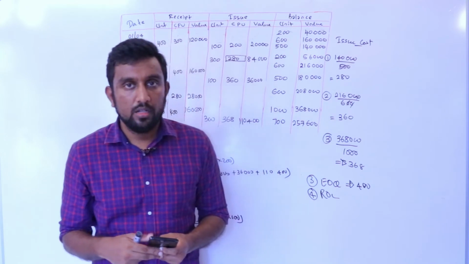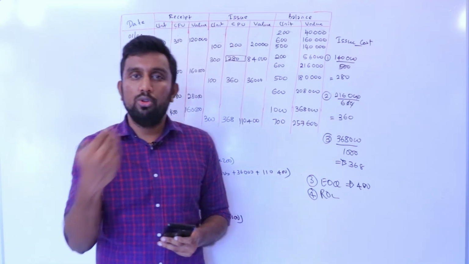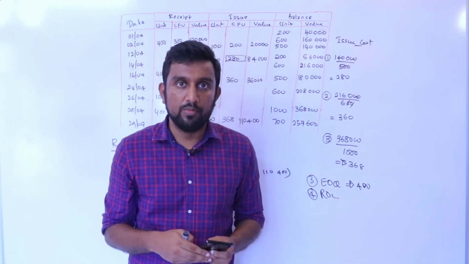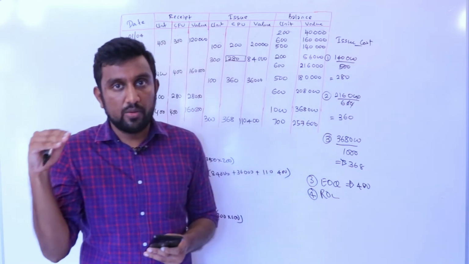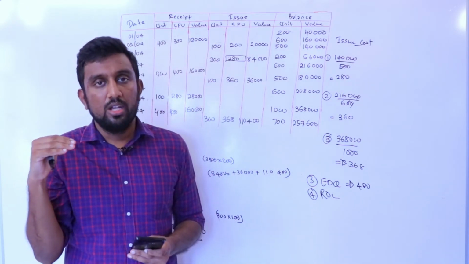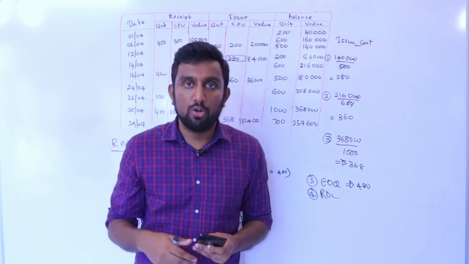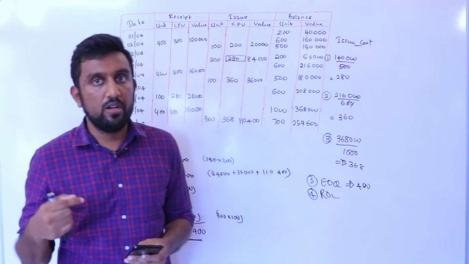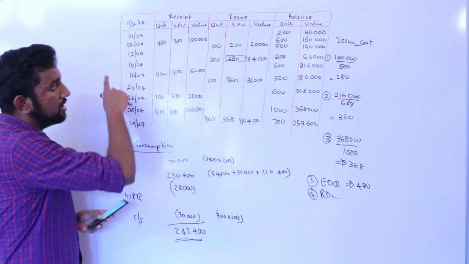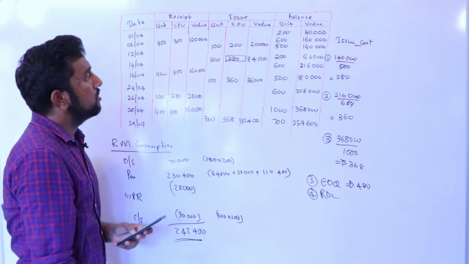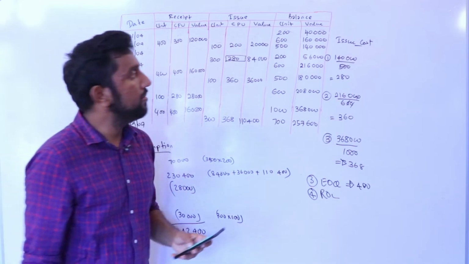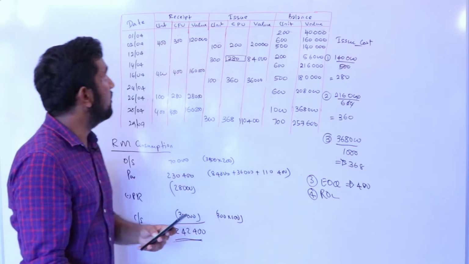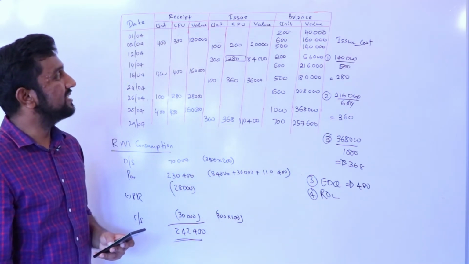Reorder level means there is a store and they are issuing raw material to the production department. Once they reach a certain level, which is already defined, they will make an order to the supplier. So we have to find that level from the store ledger. If you check the balance column, we had 200, then we received 400, then we had 600, and so on.